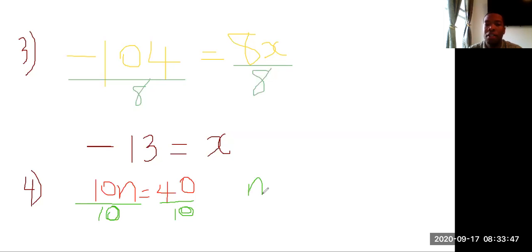So it's n equals 40 divided by 10, which is 4. So my answer is n is equal to 4. And those were the 4 questions on the worksheet. They talk about the additive inverse and the multiplicative inverse.